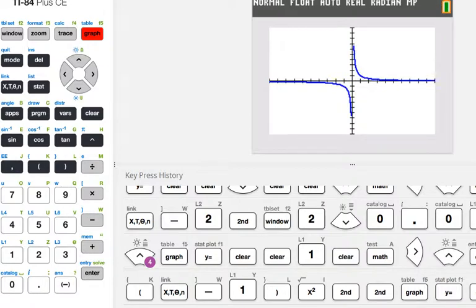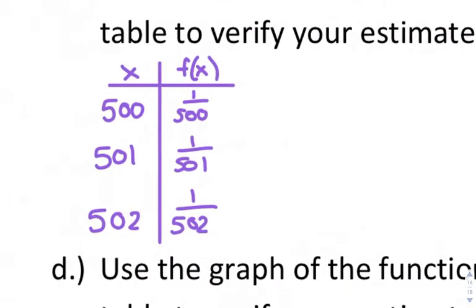Let's look at that graph. As x is approaching infinity would be this side, because we're looking at positive infinity. I notice my blue line keeps getting closer and closer to my x-axis, or the value y equals 0. If you're looking at the table, it kind of supports that.